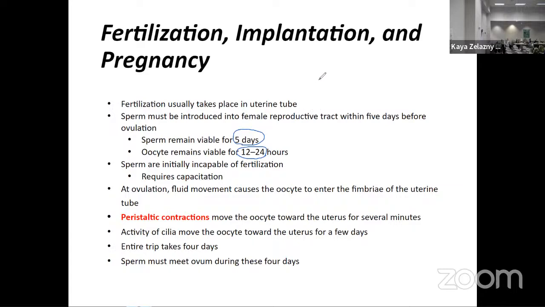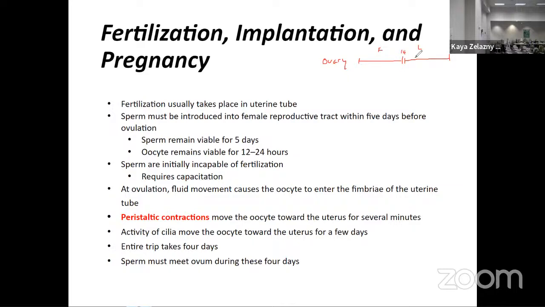Okay, so this means that if we're thinking about that ovarian cycle, in our ovary, we had that follicular phase at the beginning, then we had our luteal phase for the second half, day 14 is ovulation, our central point.